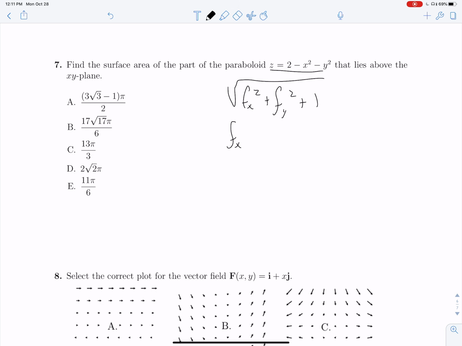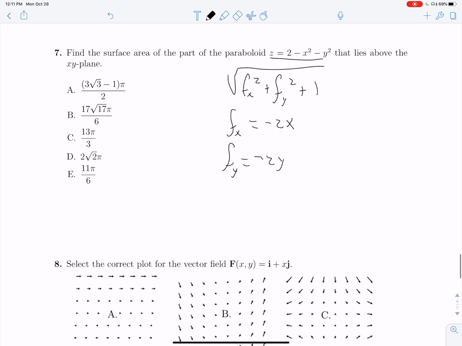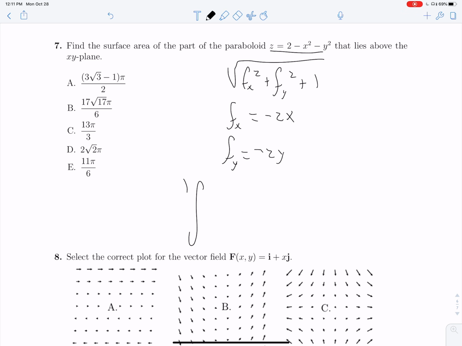Fx, where f is this guy, is going to be negative 2x. Fy is going to be negative 2y. And that's all we need. So we can set up our integral. We know that we're going to have a square root 4x squared plus 4y squared plus 1. And we're lying above the xy plane.